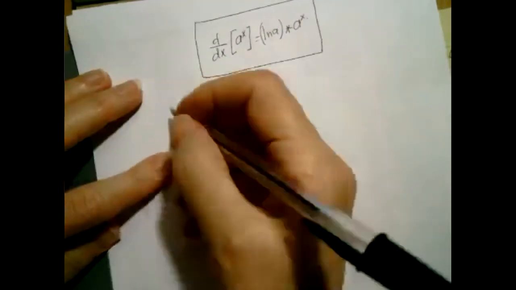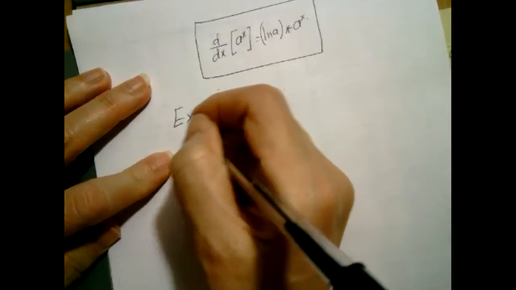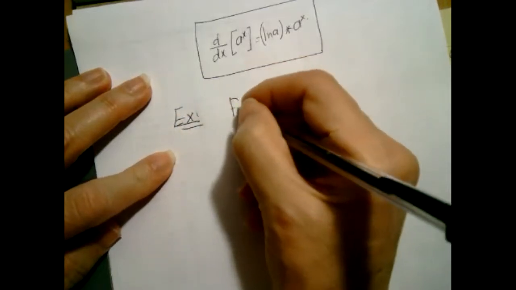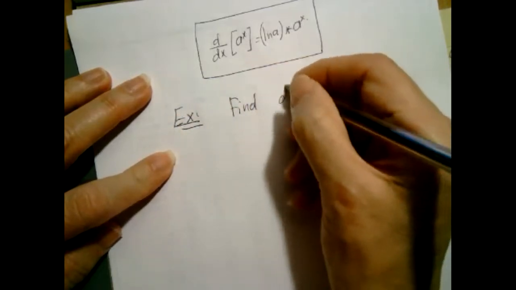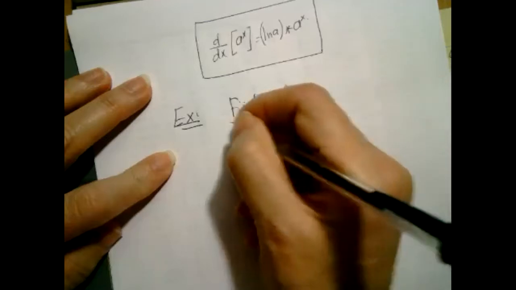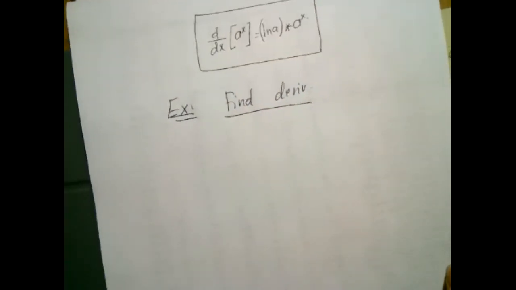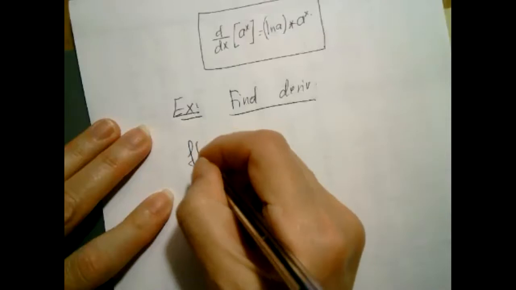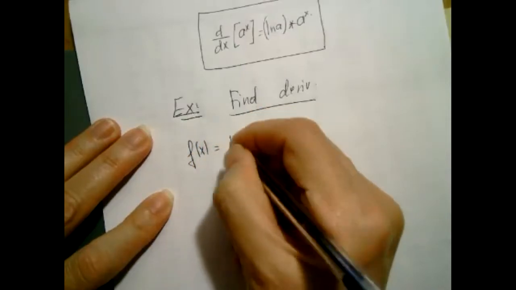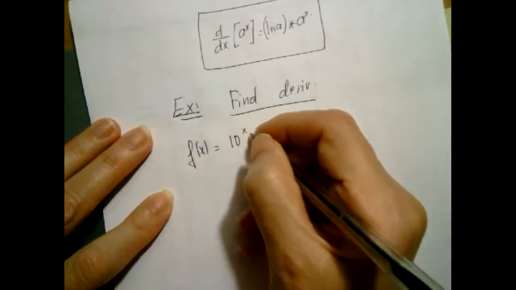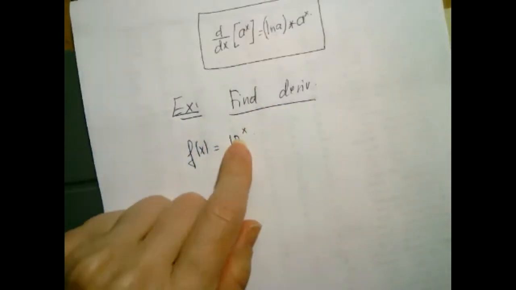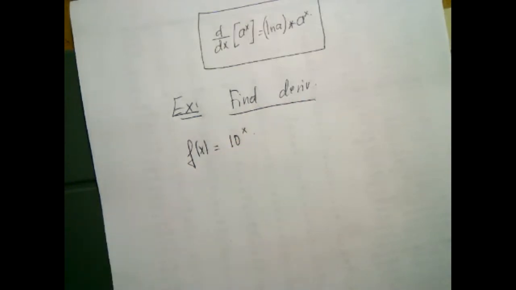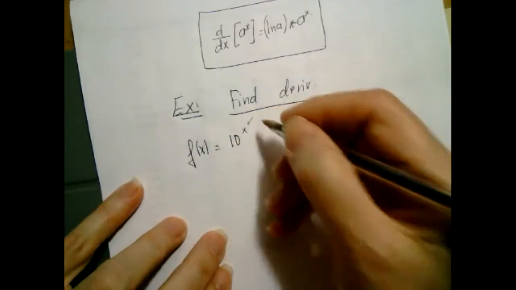Example: find the derivative of each of the following functions. I will take f of x equal to 10 to the x, a verbatim application. Remember here, the power itself is my variable.